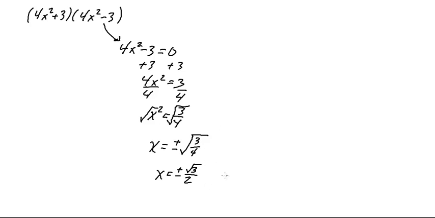Alright, so now I know two more factors. So now I've got x minus the square root of 3 over 2 and x plus the square root of 3 over 2. Now the associated factors are obviously opposite. The plus gives me this factor and the minus gives me this factor.